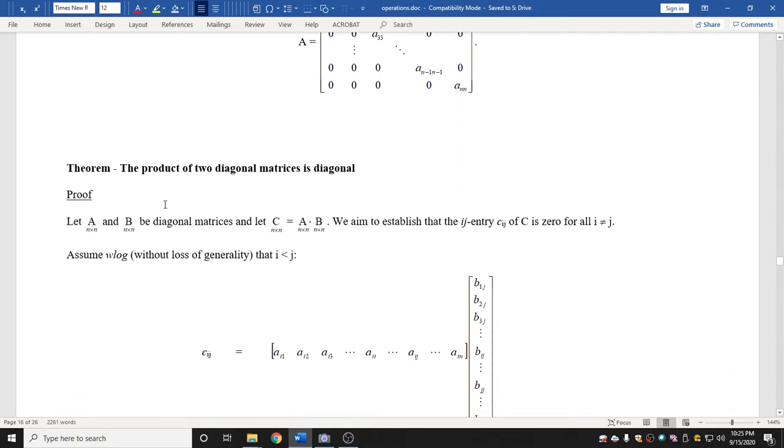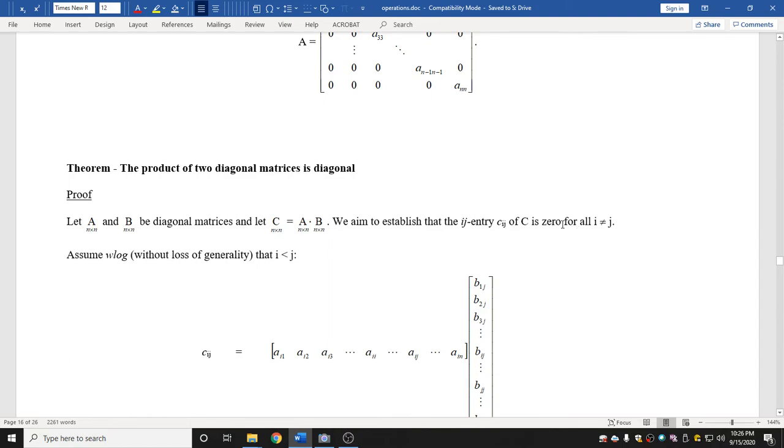So begin with the hypothesis that A and B are n by n diagonal matrices. We aim to show that the ij entry of this product, which we're calling C, is 0 for all i and j distinct.